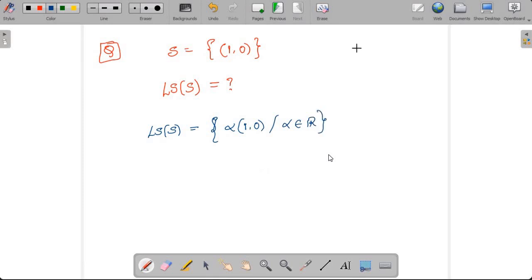If I say this, you should assume that our vector space is R2 over R. Why? Because it is clearly a subset of R2. So now this is nothing but the set of all (alpha, 0) such that alpha belongs to real numbers. Geometrically, what does this set represent?